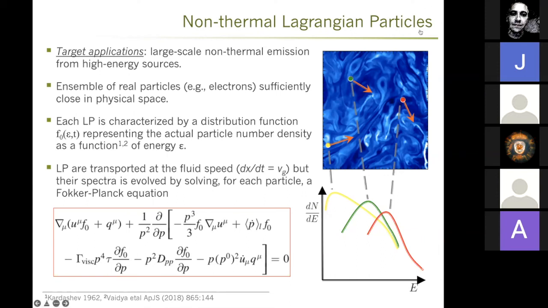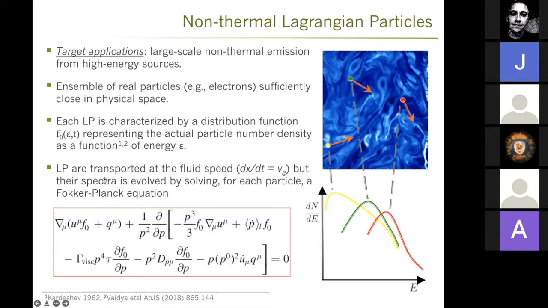So to each particle we associate a distribution function, which in turn follows a Fokker-Planck-like equation, the one boxed here. So for each particle we have an equation like this. If you choose to have 1 million particles, you have 1 million equations like this to be solved, one for each particle. This equation will give the spectral and temporal evolution of the particle distribution function.